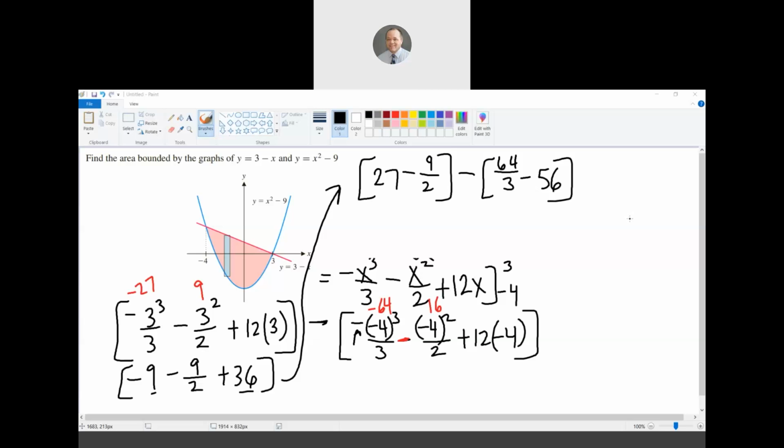Now let's distribute that negative sign times everything in the second brackets. So we now have 27 minus 9 halves minus 64 thirds plus 56. 27 plus 56 is 83.